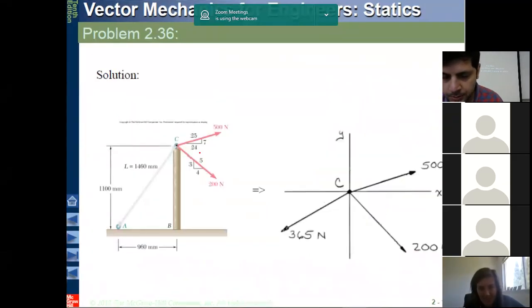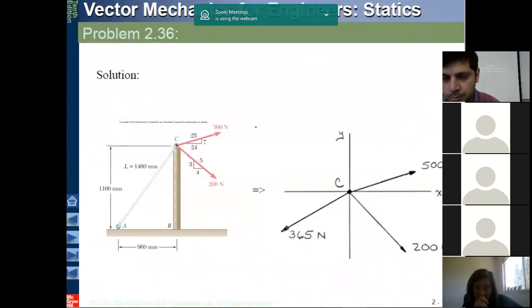One more point about these dimensions: when you have this triangle under the force, although you do not have the actual distances, because the vector is in units of force, you can't measure the distance.